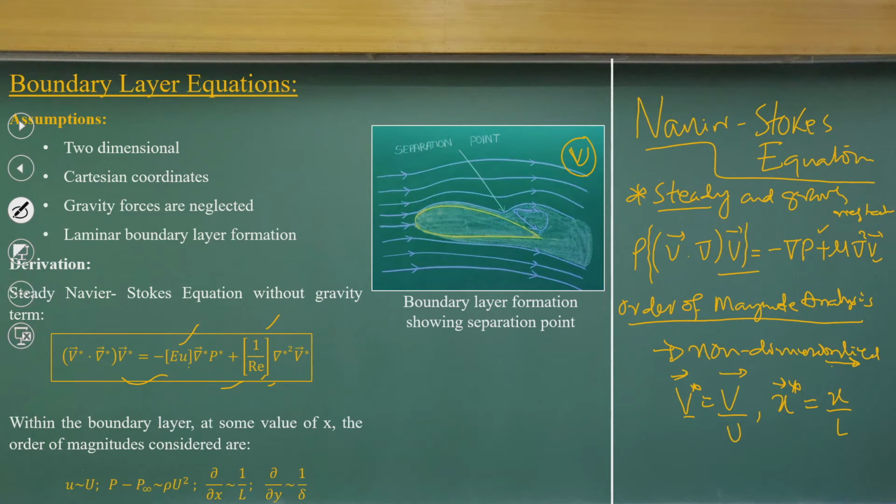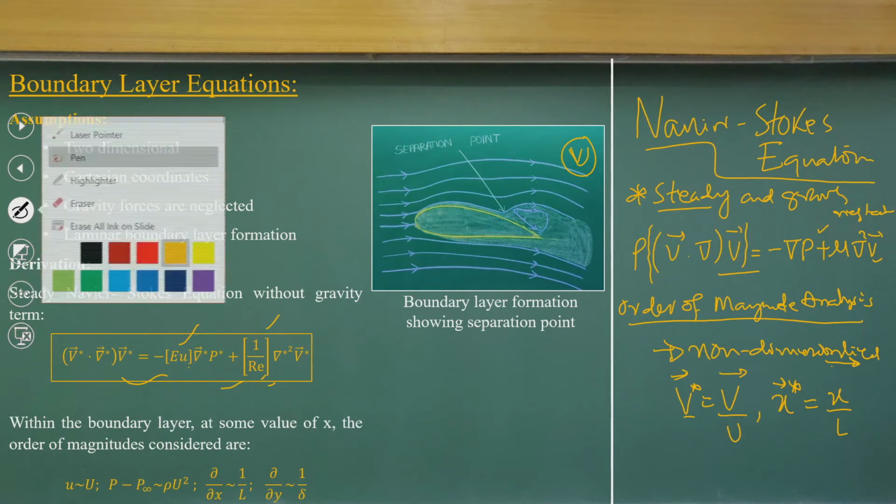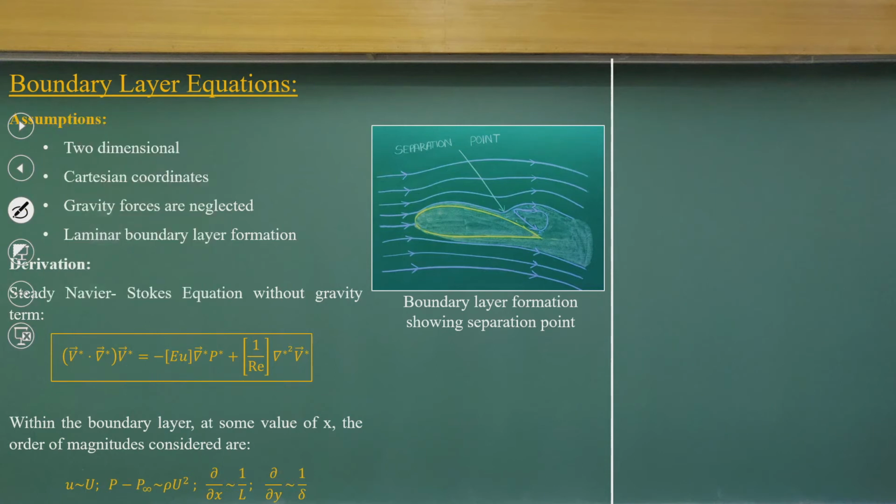Now, if you look at the same concept of non-dimensionalization and look at how we can derive the boundary layer equations, that is our idea now. Taking that non-dimensional approach, we are again looking at the same concept, component-wise, at what is the order of each term of the Navier-Stokes equations. Okay. That is what we are talking about.